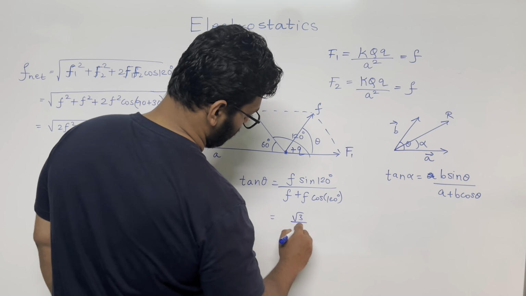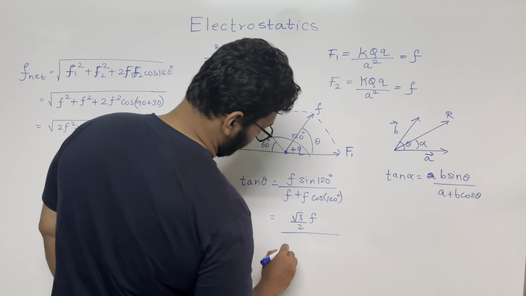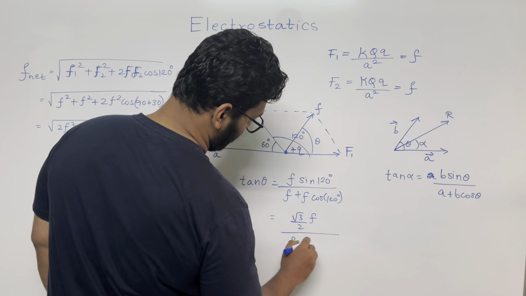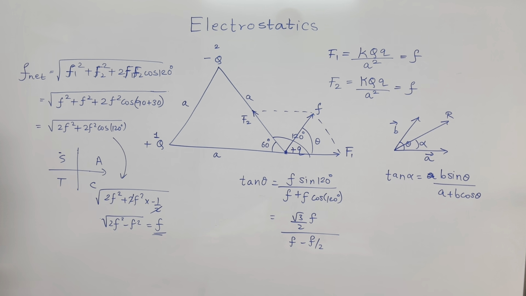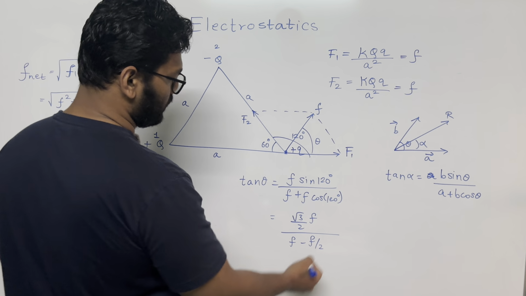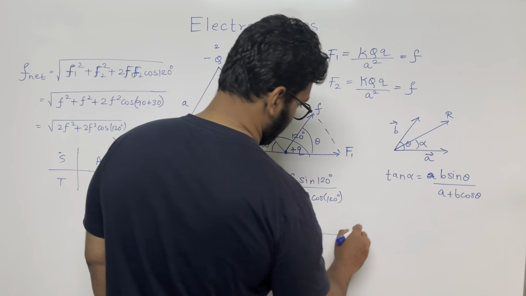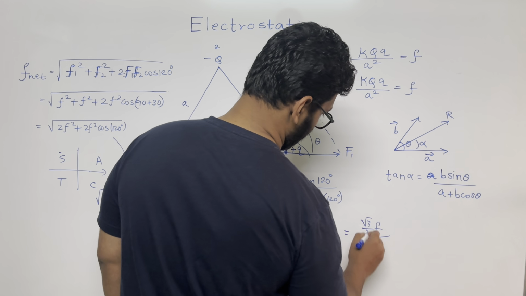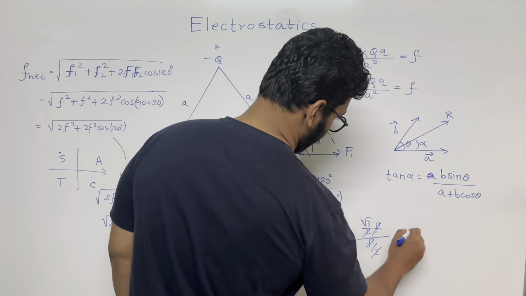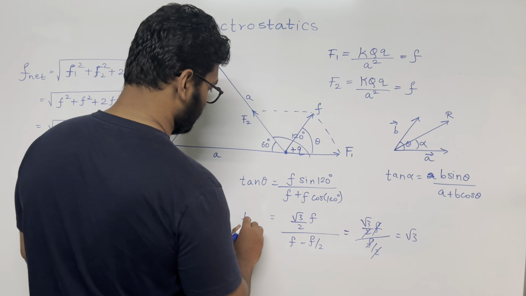So root 3 by 2 into F divided by F minus F by 2, because cos of 90 plus 30 is minus sine 30, so this is minus F by 2. So this will be root 3 by 2 F divided by F by 2. The 2 gets cancelled, F gets cancelled, and this is root 3. So tan theta is root 3.